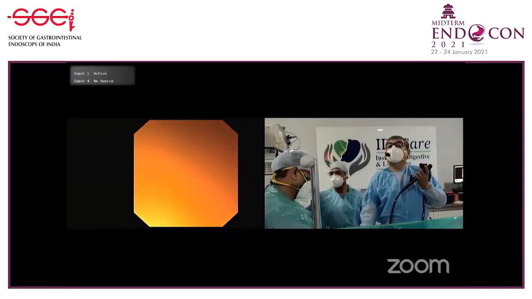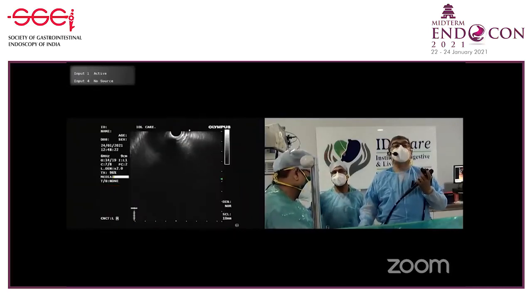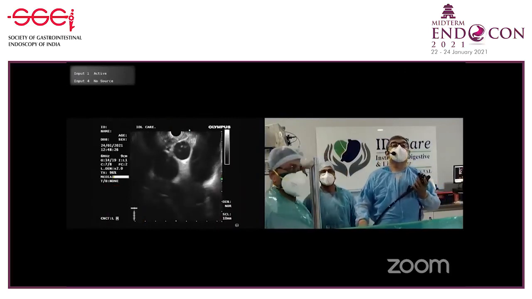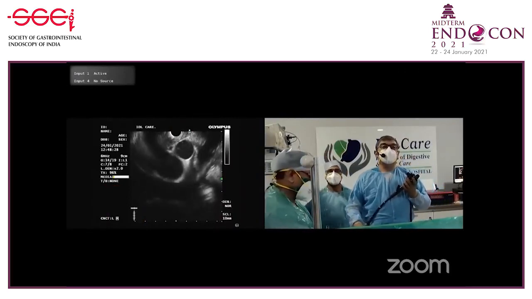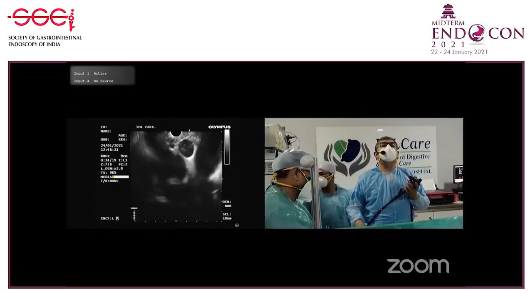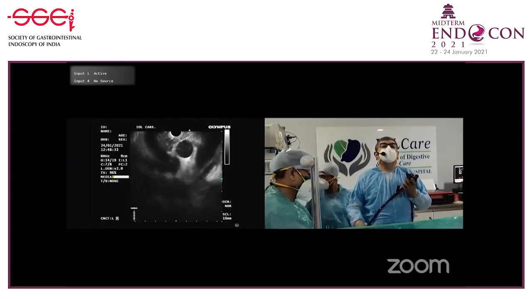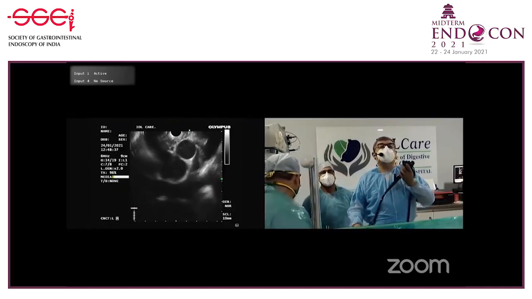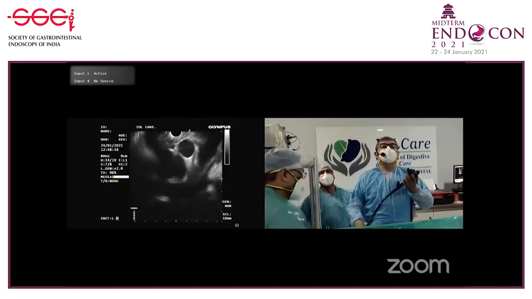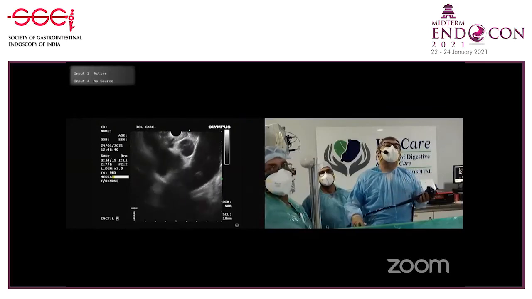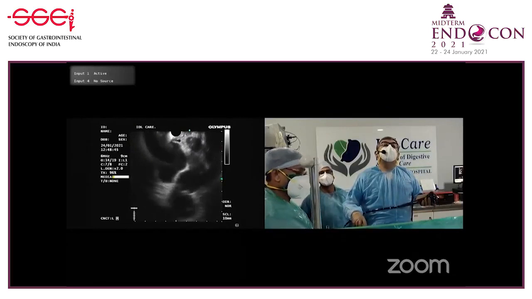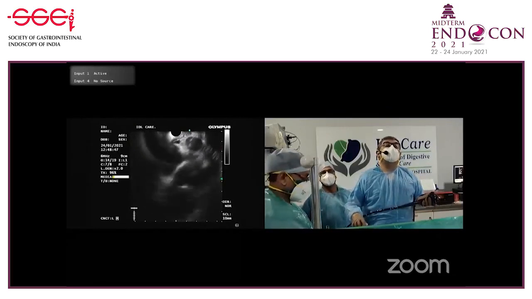Are you getting the EUS picture? Yes. So the basic rule for doing linear EUS is you have to rotate the scope. Are you seeing my scope? If you turn anti-clockwise like I am turning now, you will see the anterior structures anterior to the esophagus.